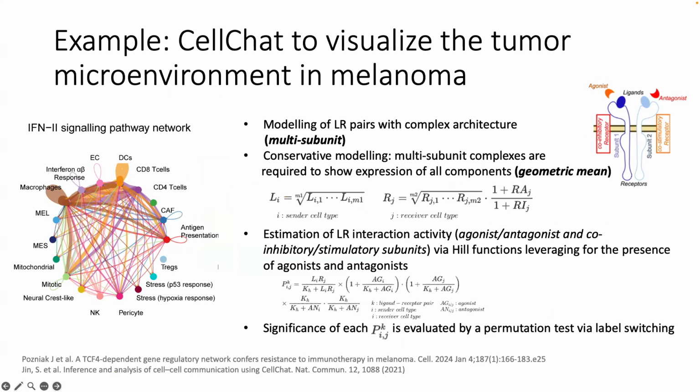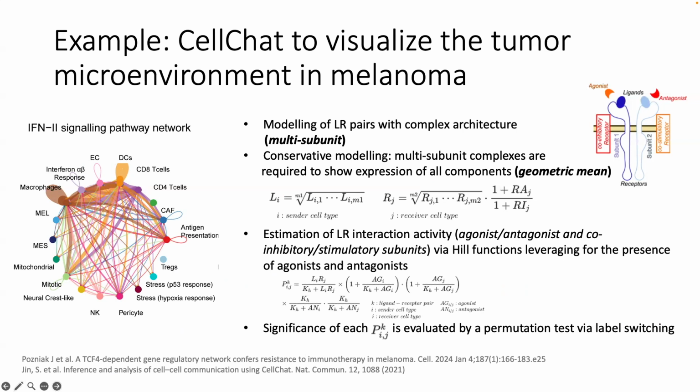It does that by taking the geometric means of all the subunits in these complexes and then calculates a ligand receptor interaction activity by using some interaction dynamics, which are called Hill functions, to calculate this interaction score. Then this interaction score is filtered by doing a permutation test. And that results in a ranking of ligand receptor interactions.